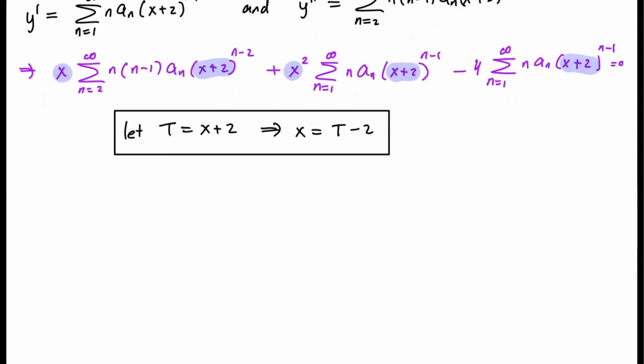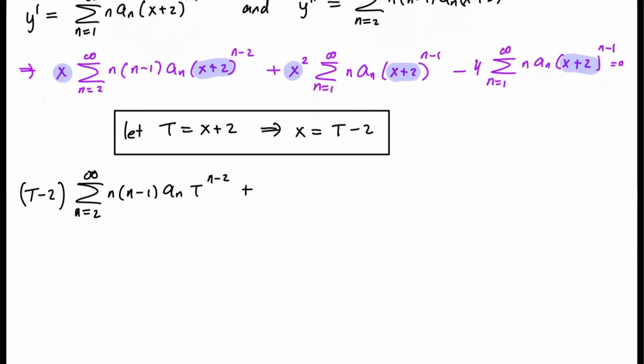So the first term we have x, well, x is t minus 2. So we have t minus 2 times the sum starting from n equals 2 to infinity of n times n minus 1, a sub n, and x plus 2 is t, so this is t to the power of n minus 2.